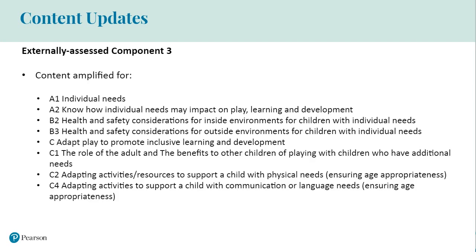The content remains broadly similar, with the only changes made to take into account the minor adaptations in Component 1 and Component 2. Content amplification for Component 3 includes such additions as memory issues for A1 individual needs, where we felt that certain content required further information.